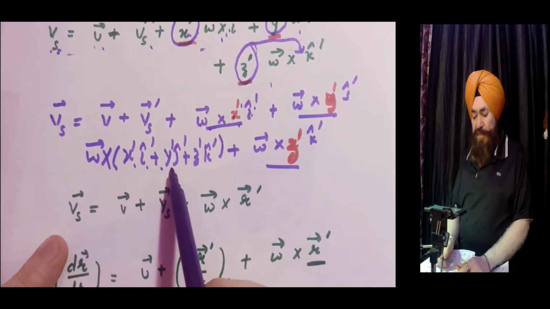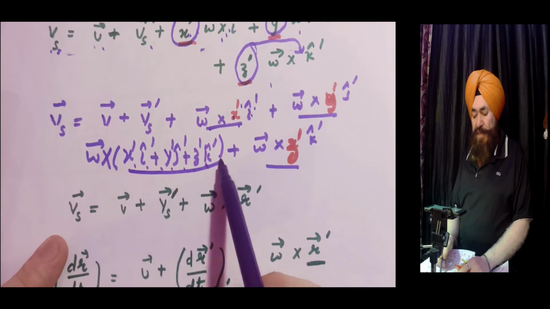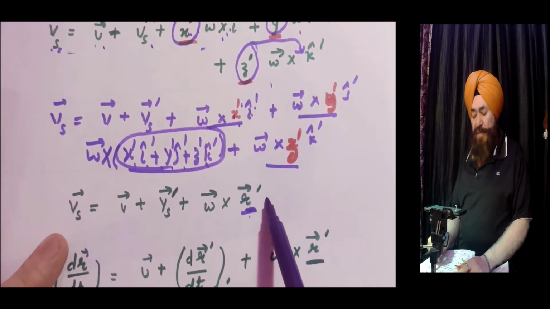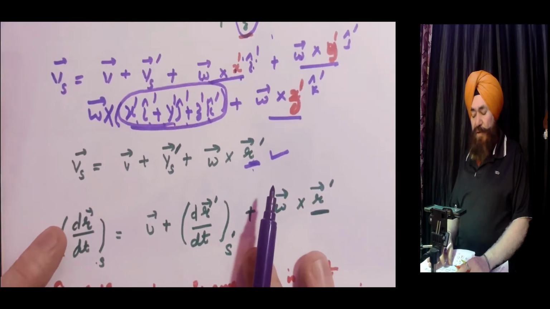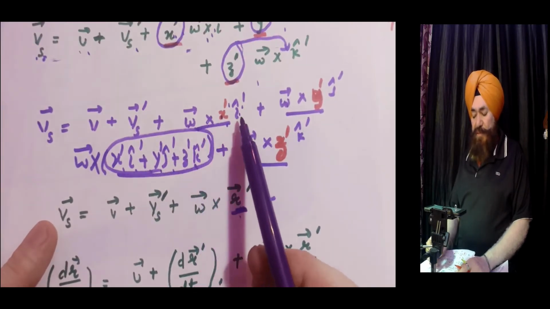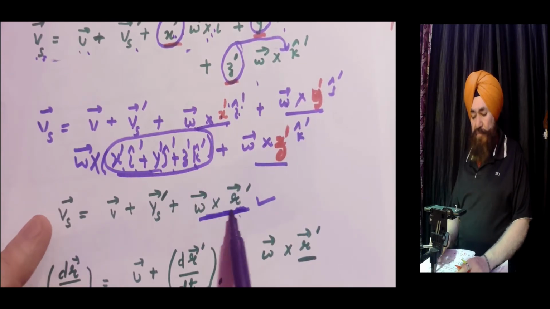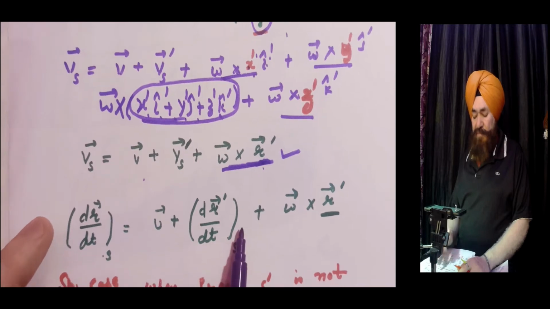Now this is actually r dash, the position vector. So here comes r dash. These three terms combine to become one term. So now we have three terms.